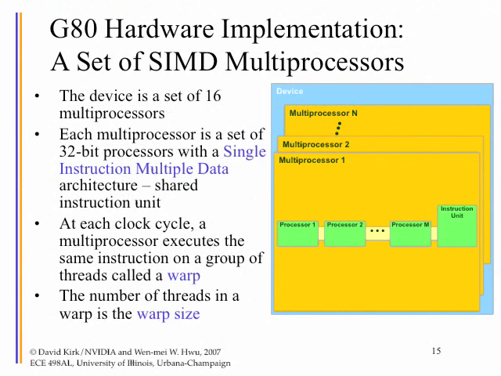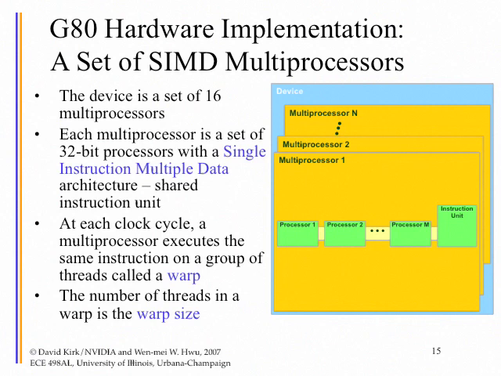Hardware implementation. Okay, so now we're cutting a little bit deeper into how the hardware actually works. This is a simplified version of what we showed in that big picture.